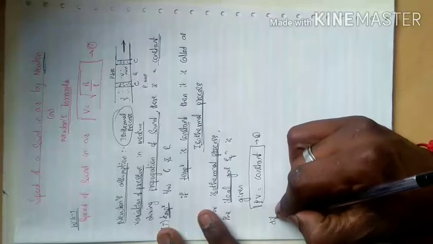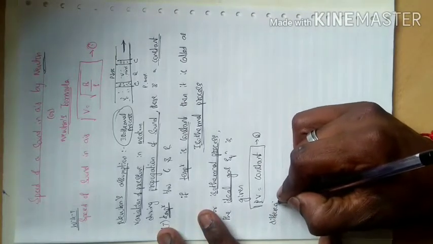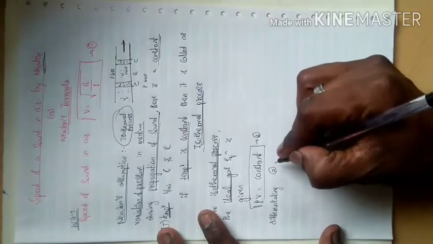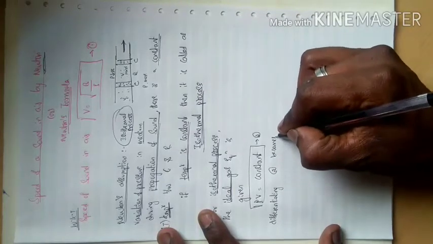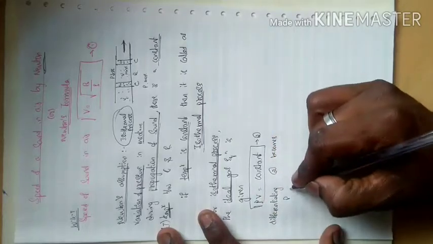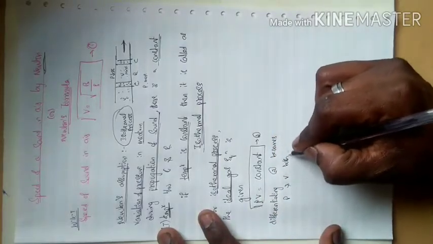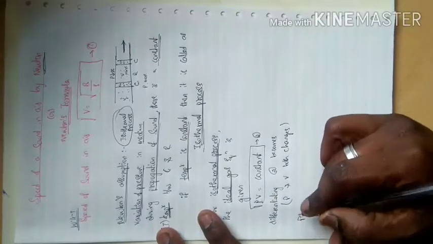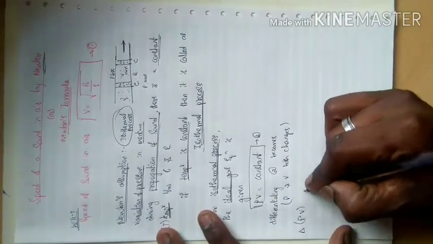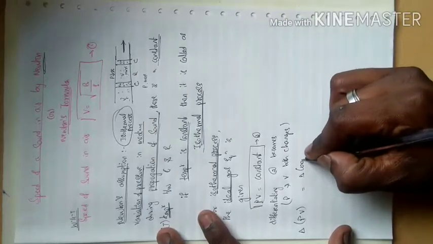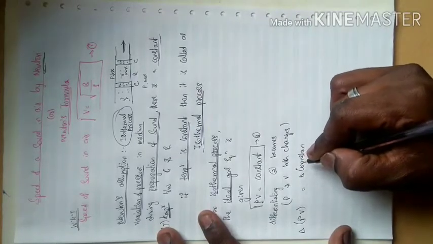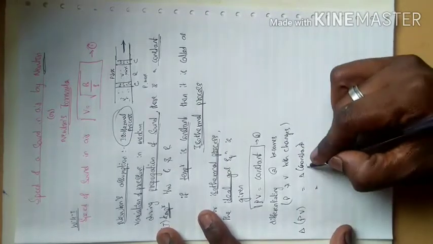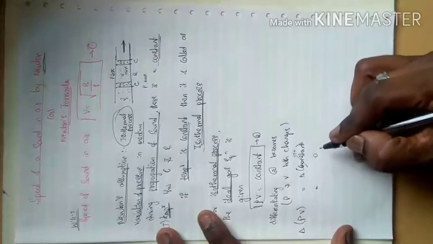Therefore, differentiating equation 2 becomes, here pressure is also changing, pressure and volume both change. Then what happens? Delta of PV is equal to delta of constant. And here this constant becomes 0, differentiation of constant is 0.